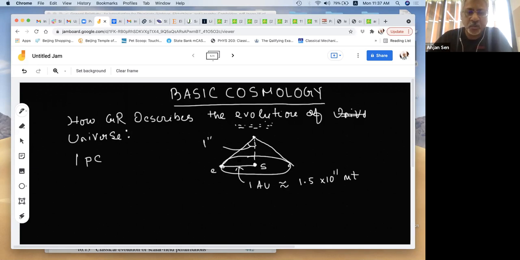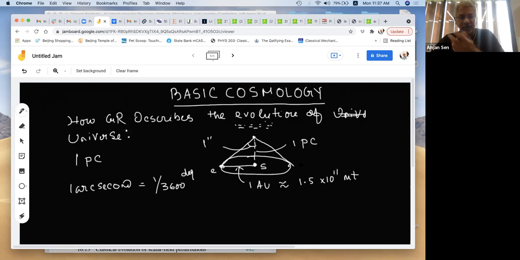You know that 1 arc second is basically 1 by 3600 degrees. So if the parallax that we have is around 1 arc second, then this distance we call 1 parsec. That is the way we define the parsec, and we use it to measure the distance to objects.